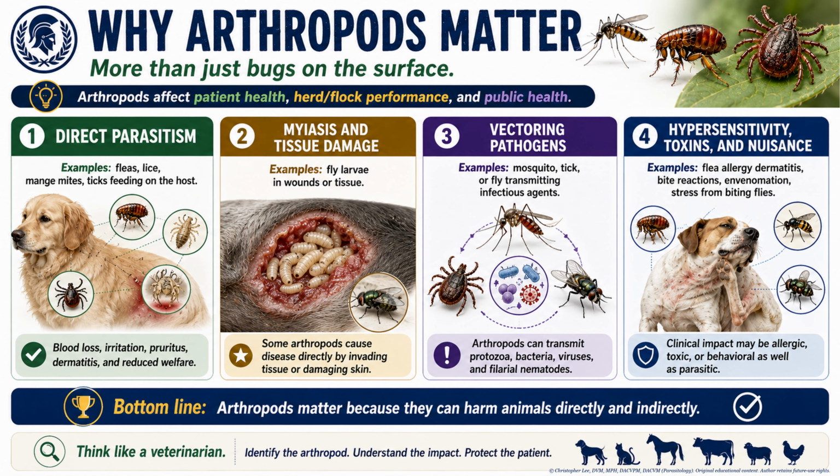Many arthropods are vectors. Mosquitoes, ticks, fleas, and flies can transmit pathogens, including protozoa, bacteria, viruses, and filarial nematodes. That means identifying the arthropod can also predict what diseases may be relevant.